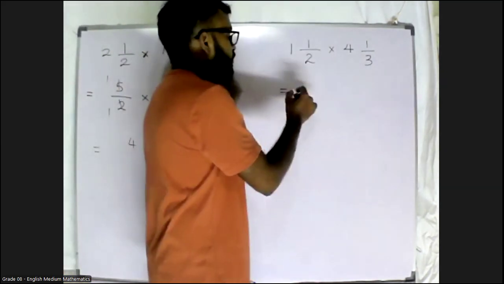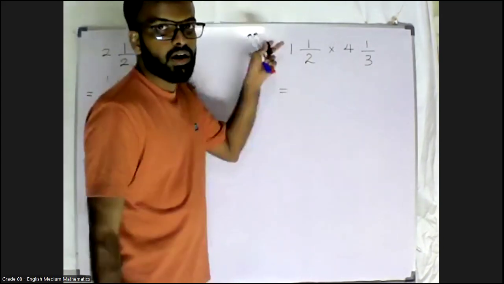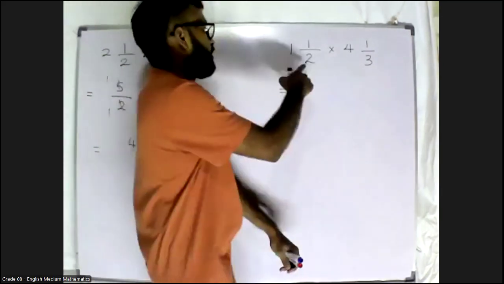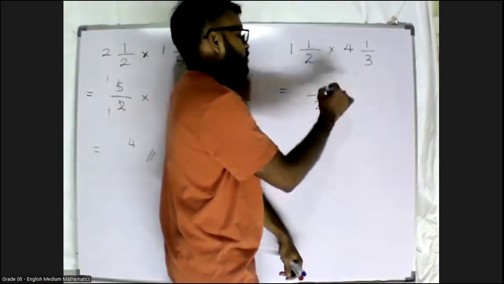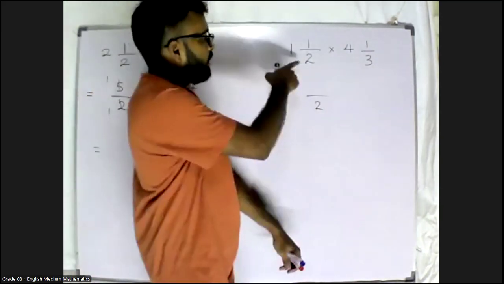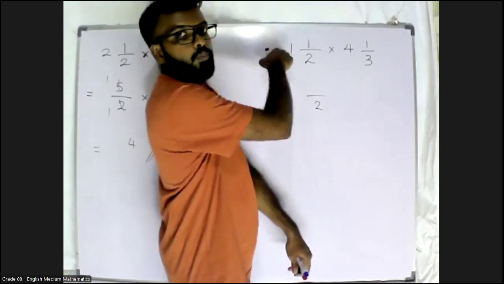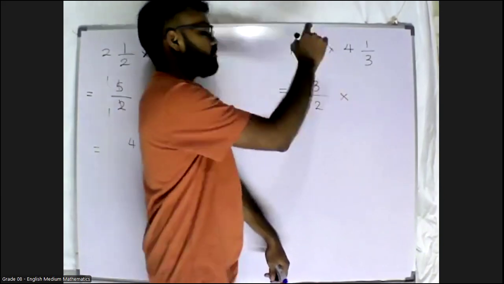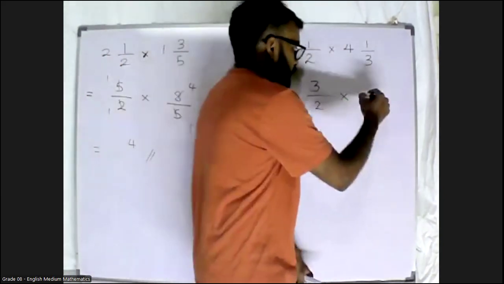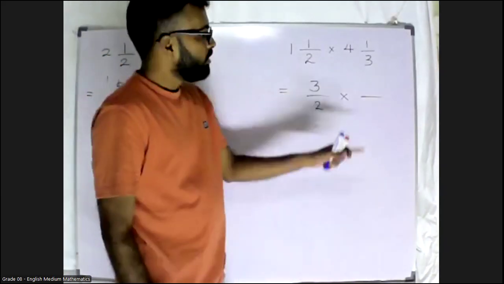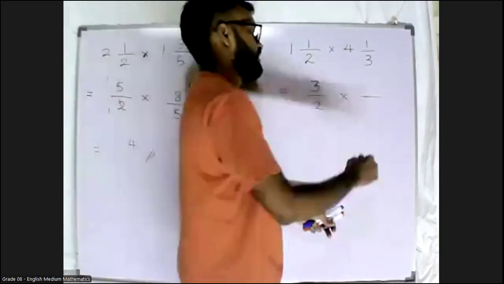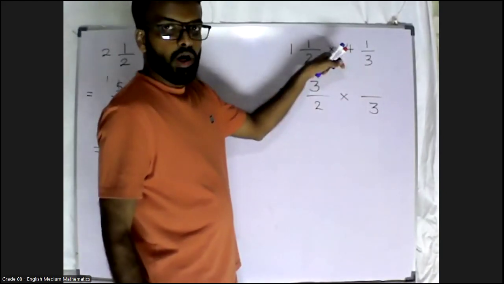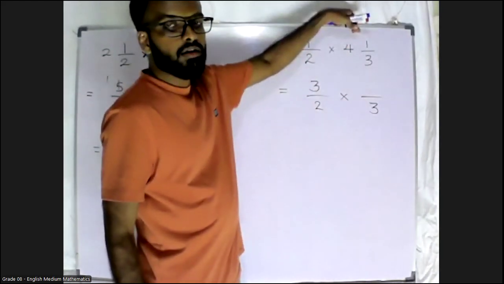Here, equal mark. First things first, convert mixed numbers into improper fractions. Denominator is 2, right? 2 times 1, 2 plus 1, 3. Multiply. Division mark. Denominator is 3. 3 times 4, 12. 12 plus 1, 13.